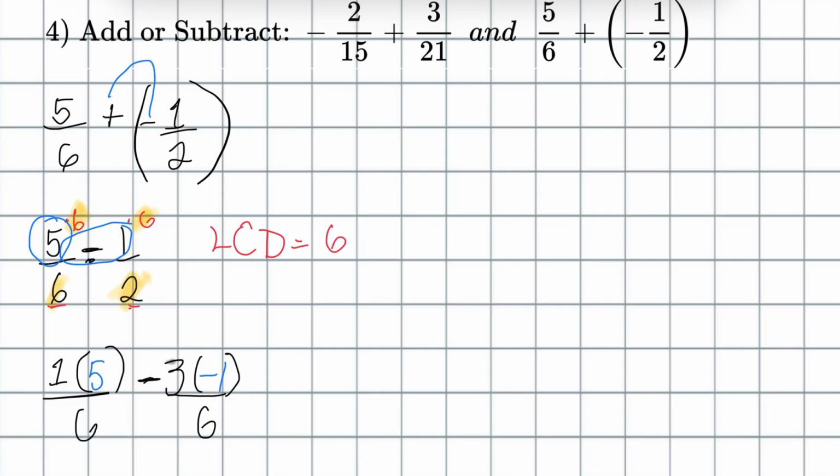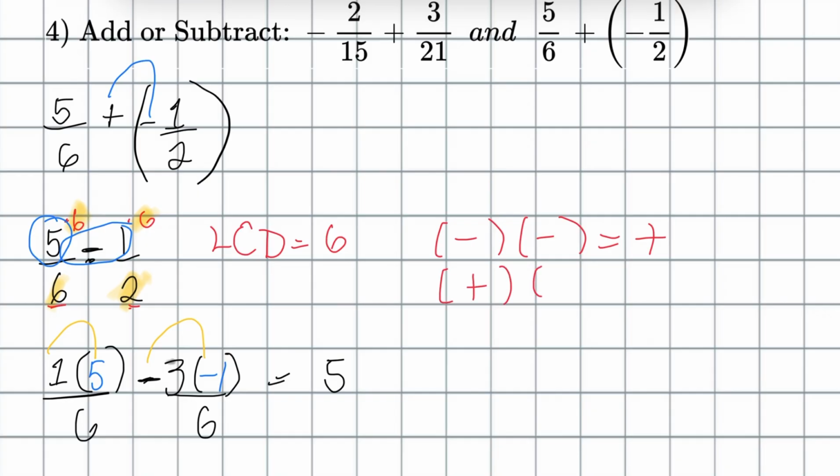We found them, yay. Now we can combine the whole thing, but we have to be very cautious with the process, because we need to multiply 1 times 5, which is going to be 5. And we've got to be careful here, because negative times a negative is always going to give you positive.